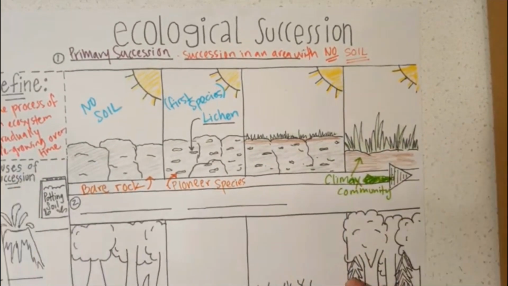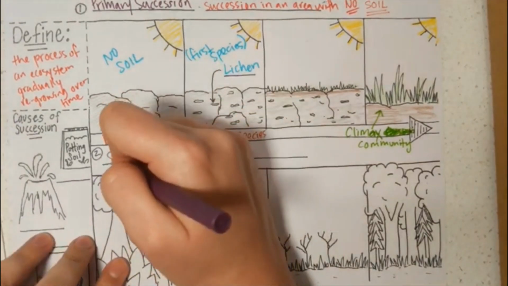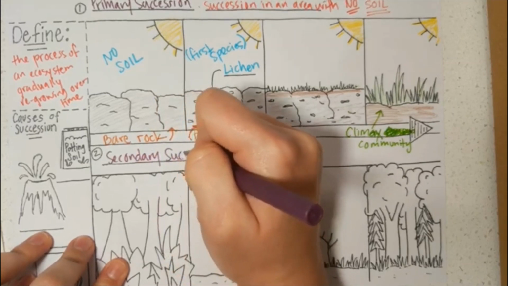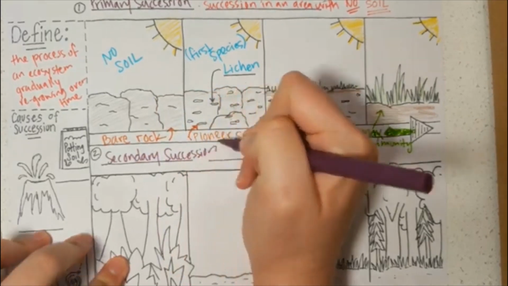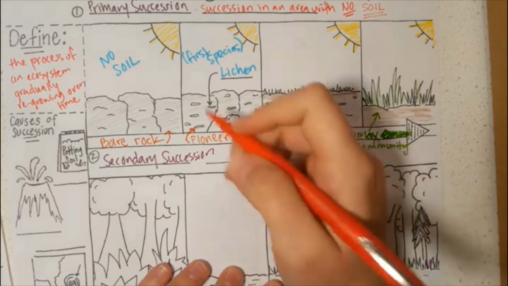Okay, moving on to secondary succession. Secondary succession is our next type. And this is succession in an area with soil after a disturbance to the land.